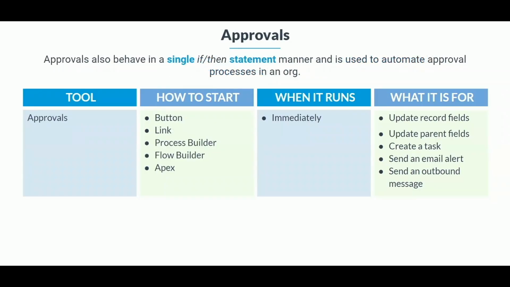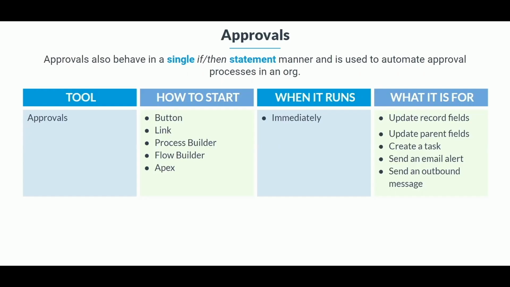Then we have approvals. This type of automation is a bit different from workflows, processes, or flows because approvals could have many steps in the process, some of which require manual intervention, and some of which can happen automatically. They're similar to workflows because both approval processes and workflows are triggered off a simple if-then statement.